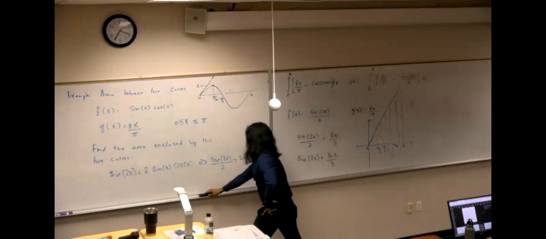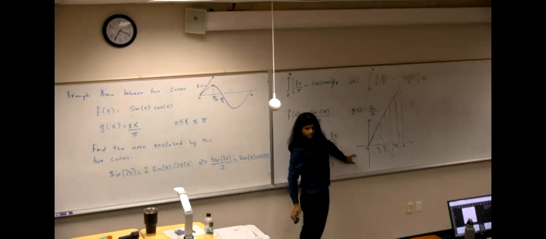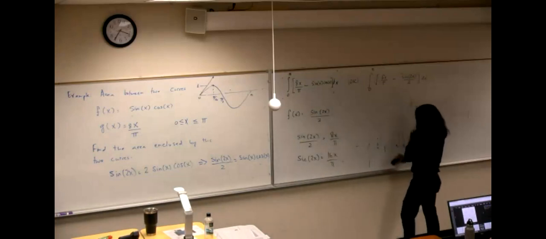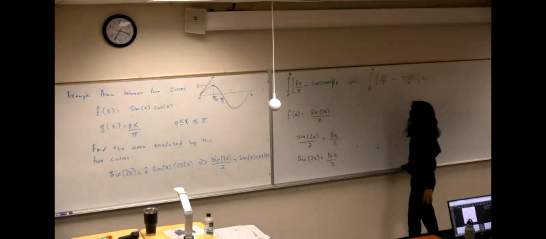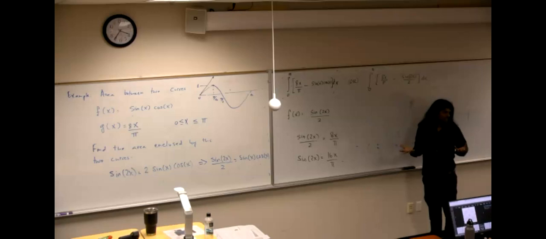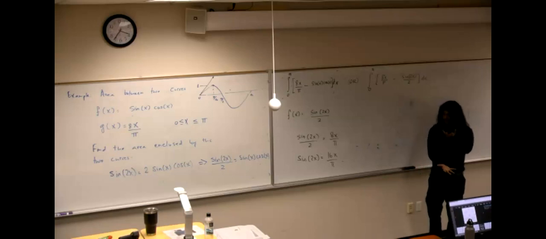If I start here, you got stuck because you forgot that you can't split this integral. Why? Function added to function. The only time when you can't split an integral is if the functions are multiplied, or if they are divided.